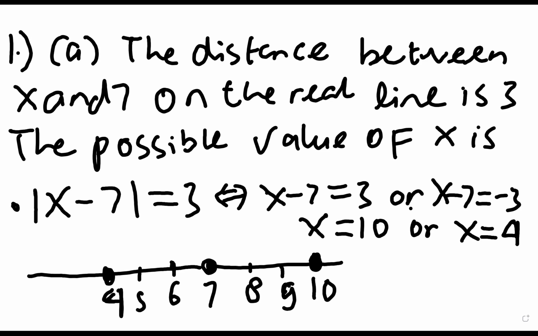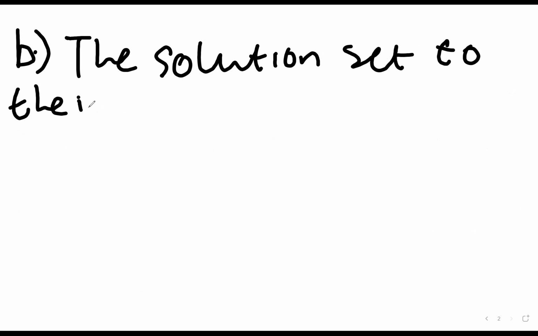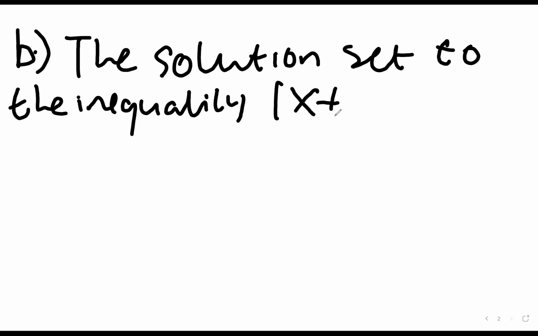Okay, so in this case, I will see here part B. The question is to ask the solution set to the inequality, and the inequality is absolute value of x plus 3 is less than 1. Okay, so the question is to ask this.